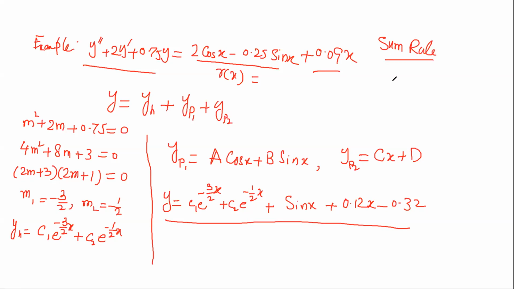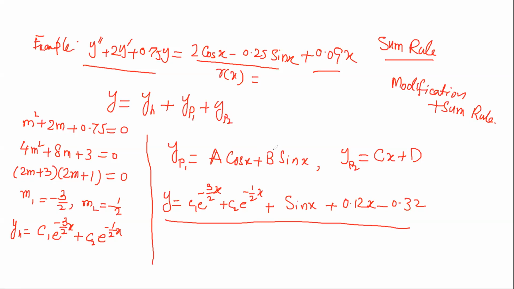However, there can be situations when we need to apply both the modification rule plus the sum rule as well. For example, if there is anything common. If these are the functions, and you get the complex conjugate roots over here in terms of cosine x and sine x, then these cosine x and sine x terms will be multiplied by x.